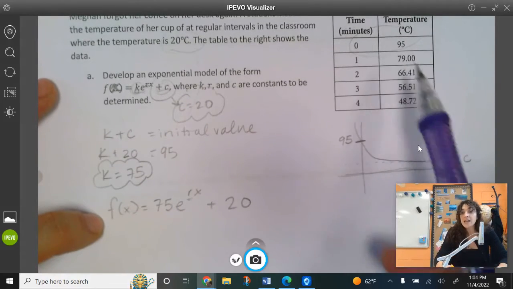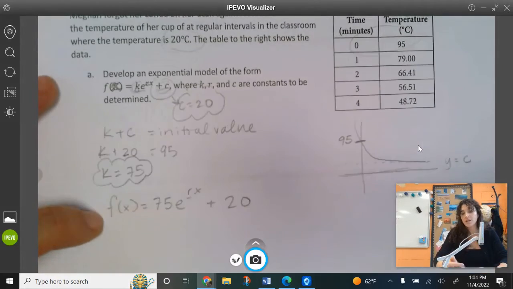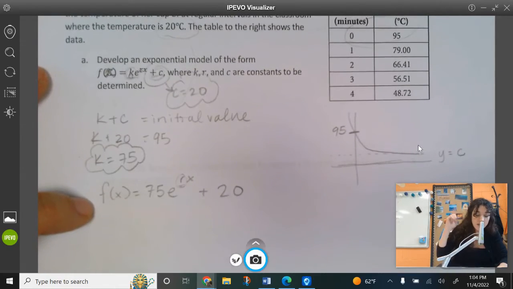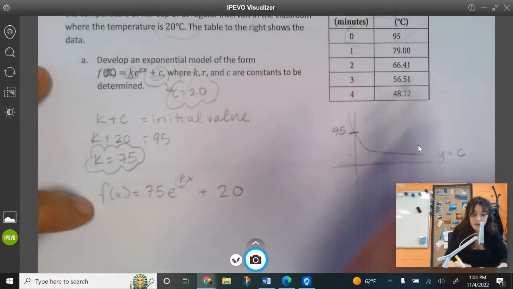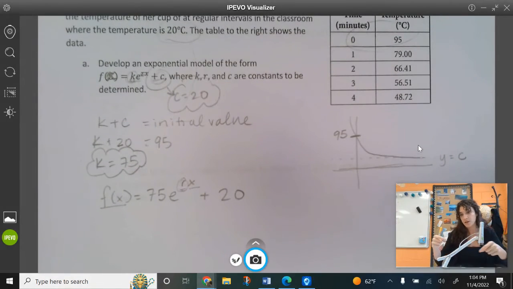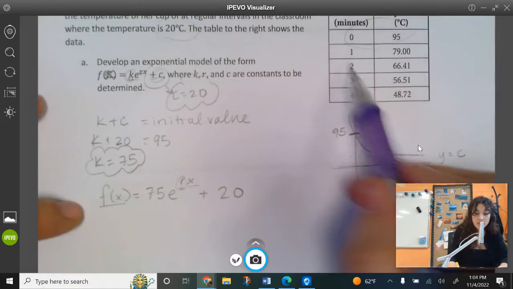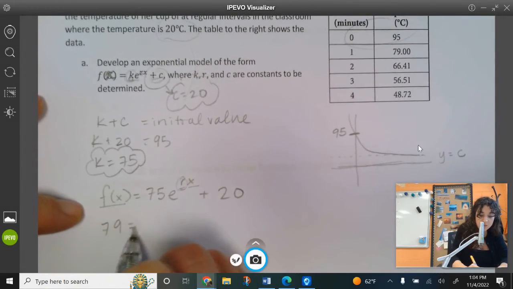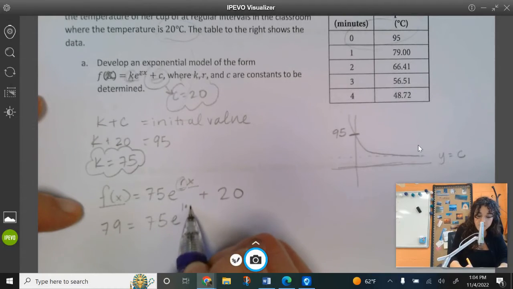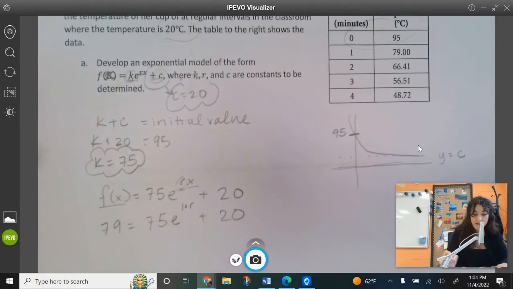You can take any of these coordinates and plug them in and solve for R. The thought process is if you want to solve for a variable, you want to get rid of this and get rid of this, so there's only one variable left on the page. Once you have only one variable left on the page, then you can solve things. You can numerically solve it, right? So our goal is to get rid of as many variables as possible, and how we get rid of variables is by plugging values in for them.